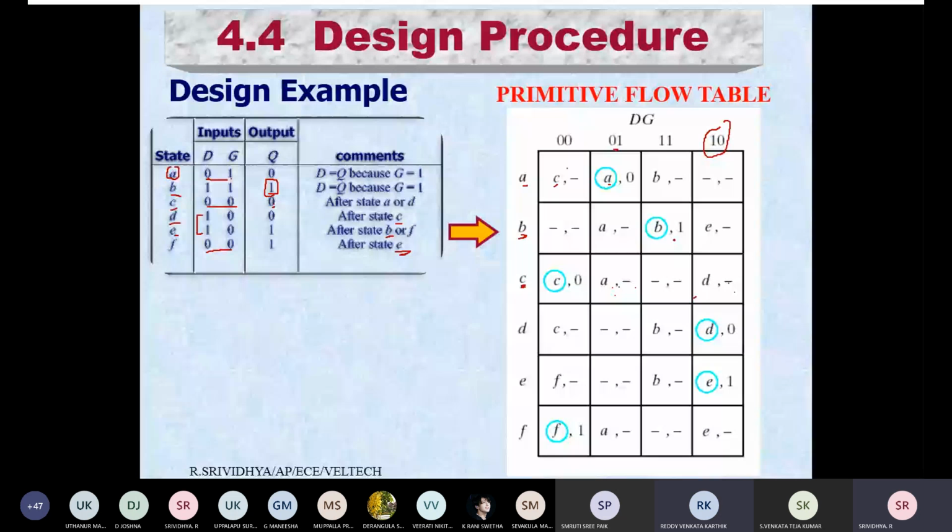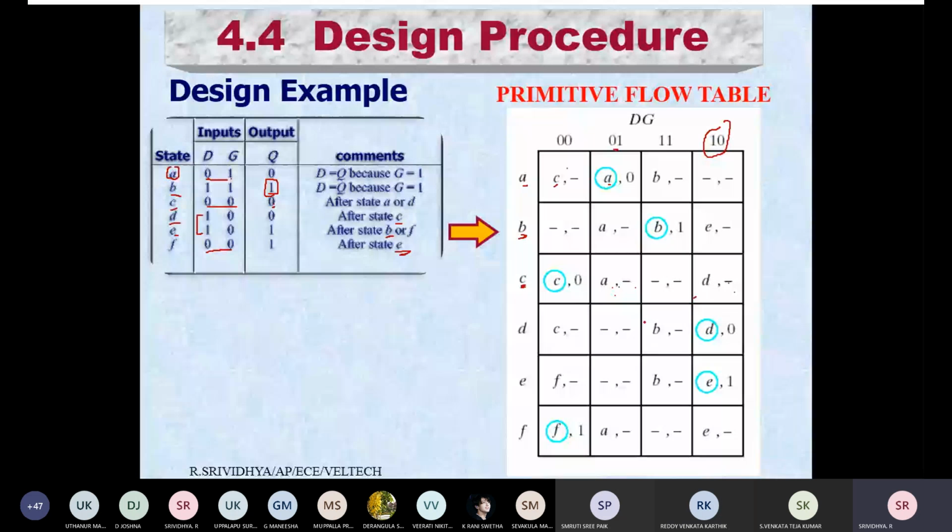One important point, ma'am. For state C, adjacent D is there, ma'am. 1, 0 means D or E will come, right? D is after C only. So C state is over.